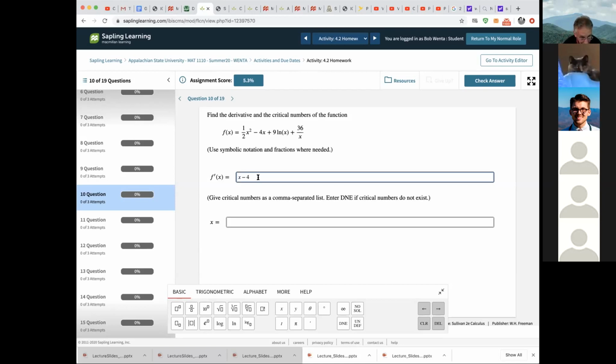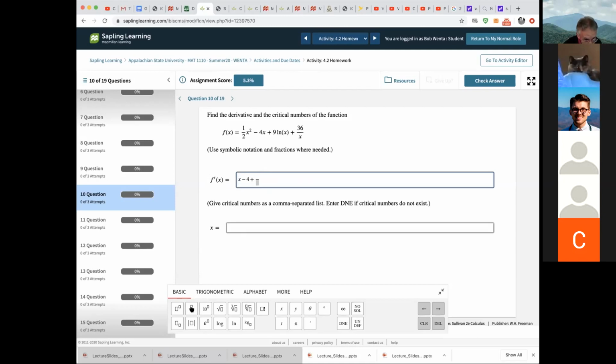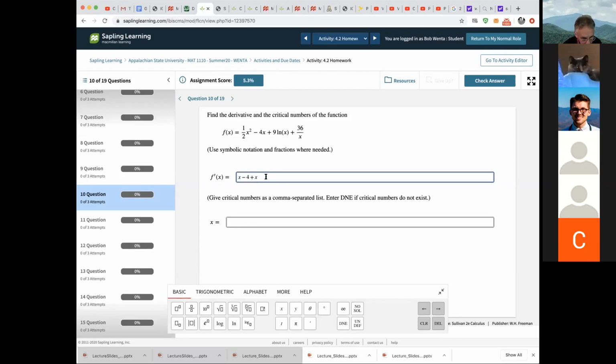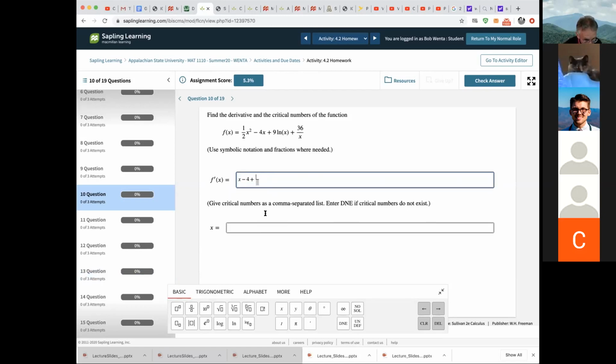So one way to write this, it says use fractions where appropriate, would be plus 9 over x, right? I want this fraction. I want 9, and then I want x in the denominator.